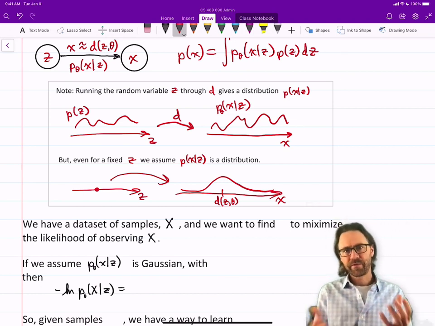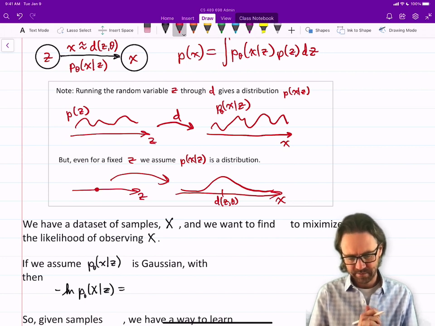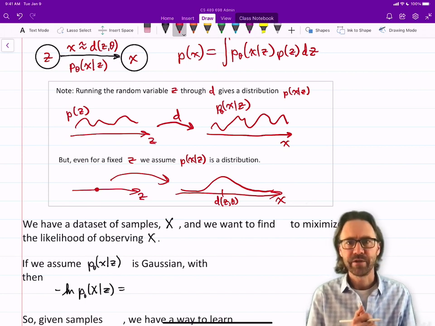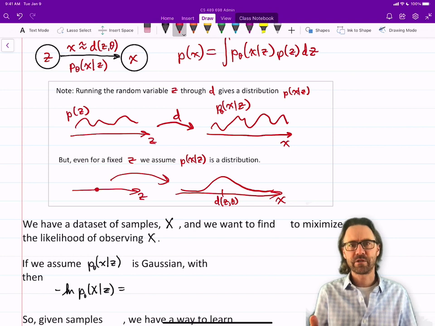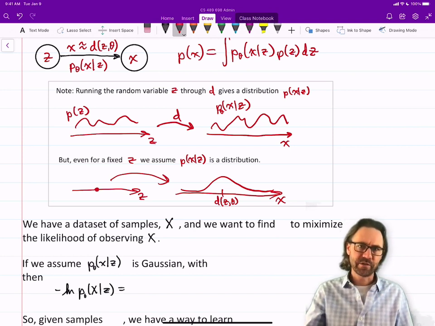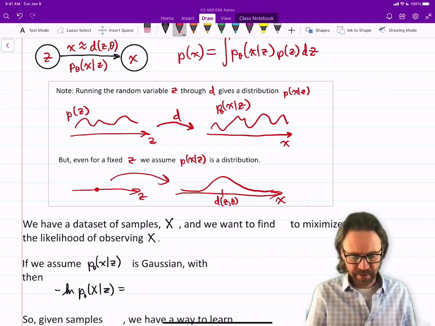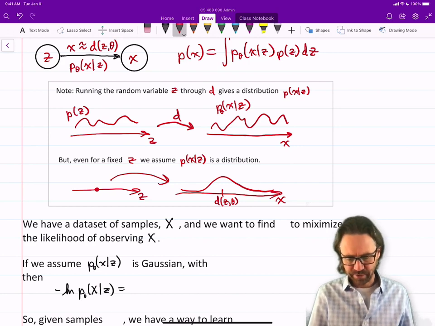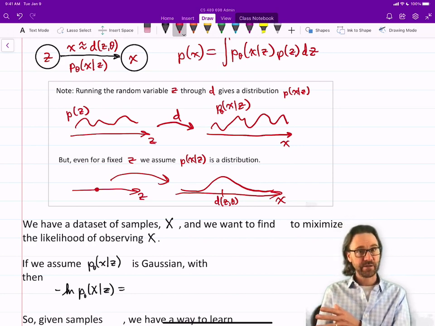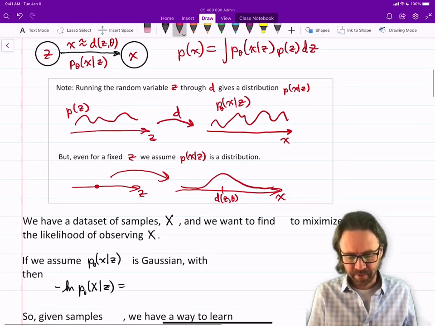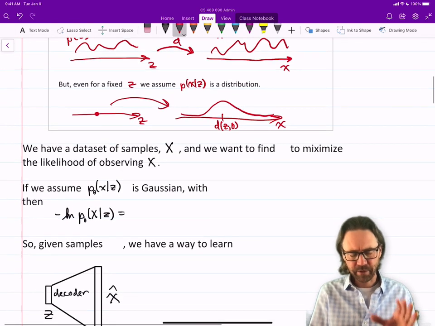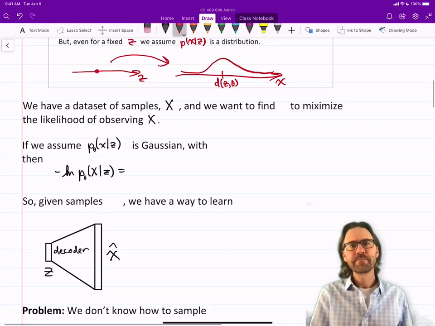Okay, so there are two different processes going on here, two different distributions contributing. There's the distribution of Z, and then even for a fixed Z, there's a distribution of X's for that Z. Okay, we'll keep that in mind for now.